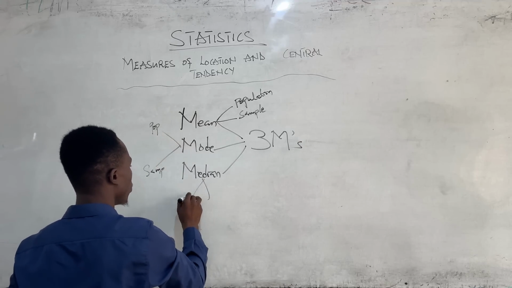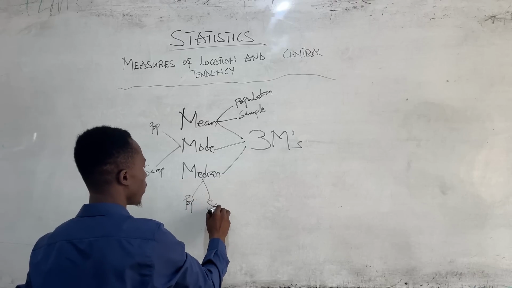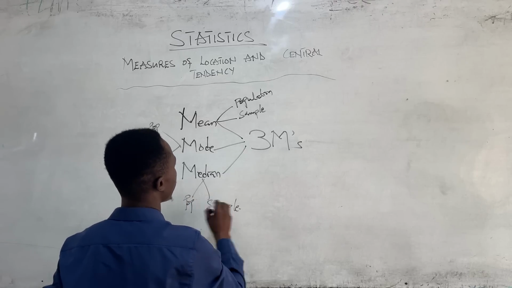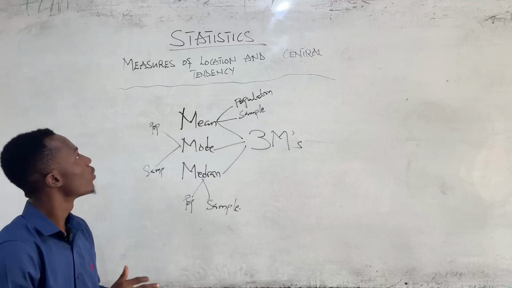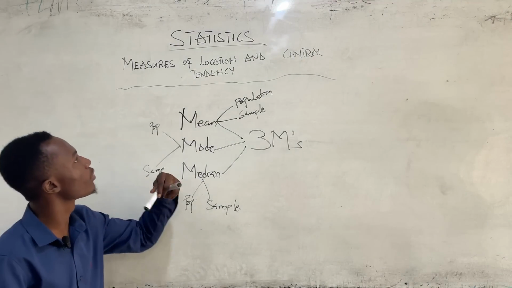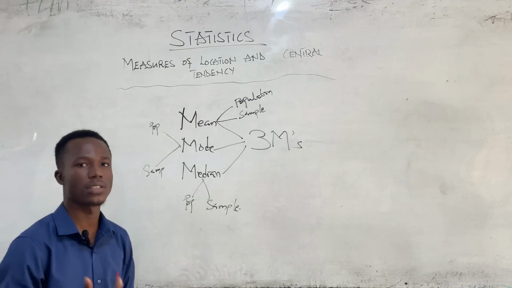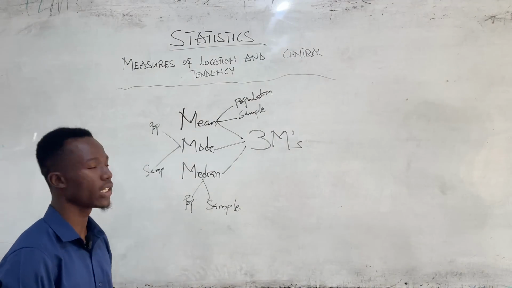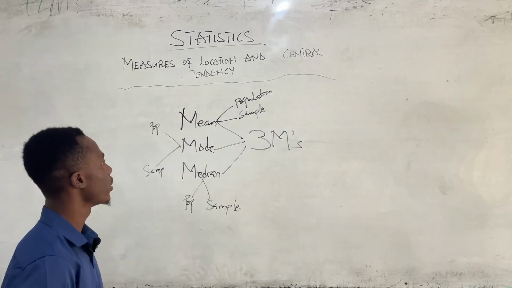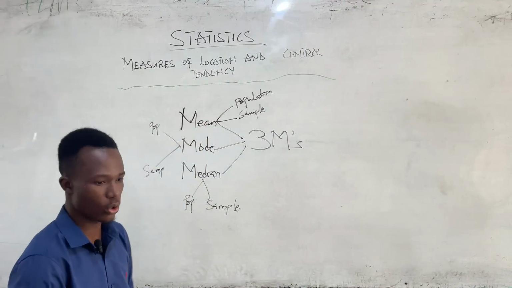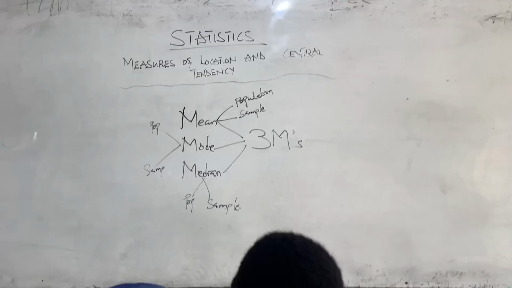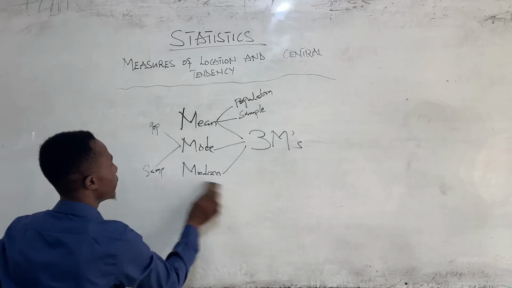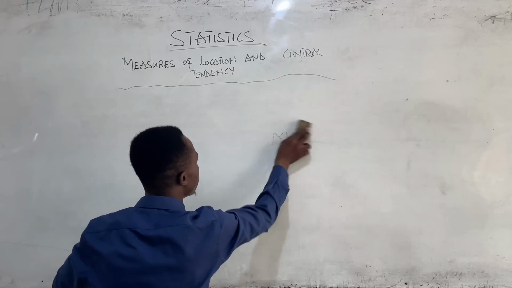Mean too, we are going to do the same for the sample. Whenever you hear measures of location and central tendency, just have it in mind we have three things: mean, mode, and median. Let's look at mean first.